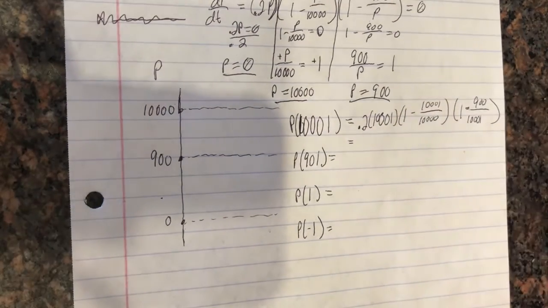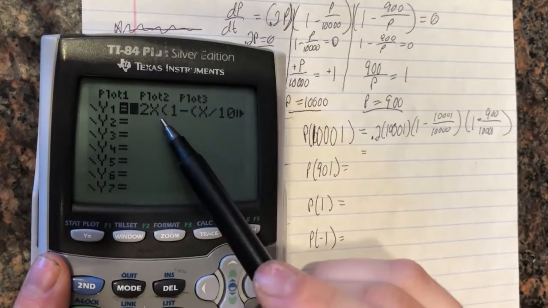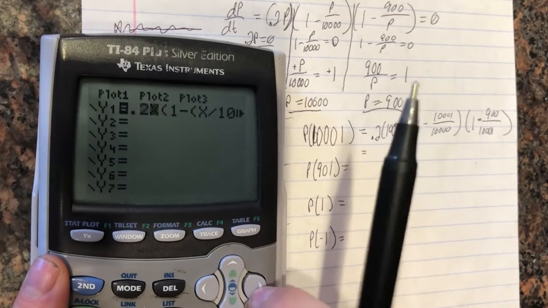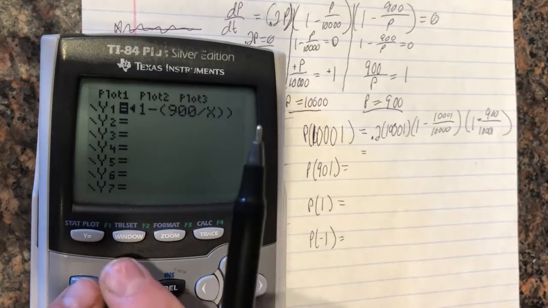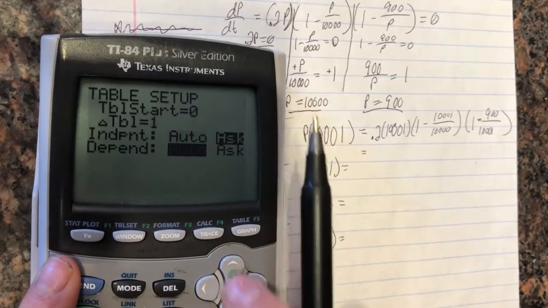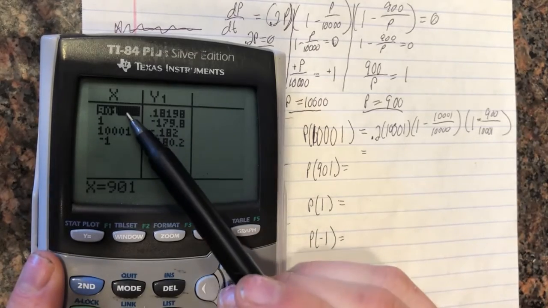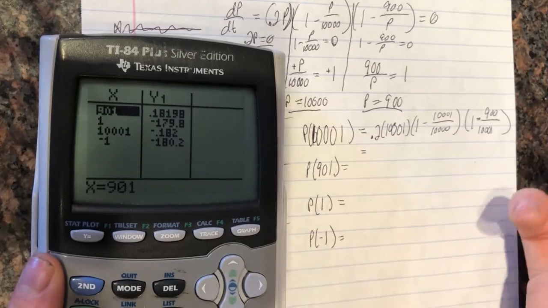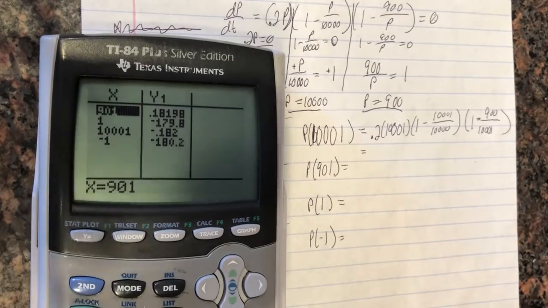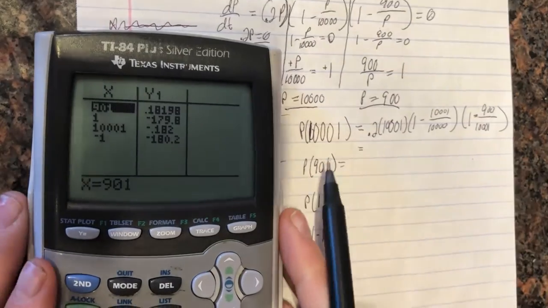And then we just plug this into our calculator. What I've done is put in the entire equation, but with x instead of p, and having my table set with the independent variable be ask. That way I can just plug in each individual number, so I don't have to type it in 100,000 times, just to save time. And then you have your numbers right there.